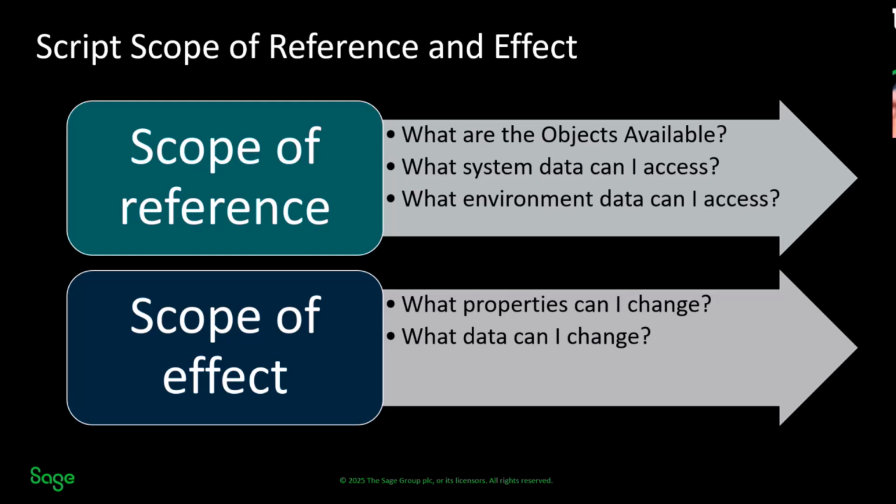And then what can I do and what can I affect is the scope of effect. So we can make the change with that. There are different objects in the context that you're executing, and there is different environmental information that you might need to be able to determine. So this is the scope of reference, and then the effect is what you can actually do.